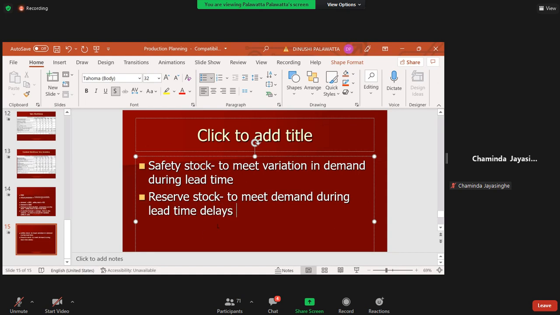So then what happens is, let's say for example you have a safety stock of 450, and then reserve stock, this is safety stock.